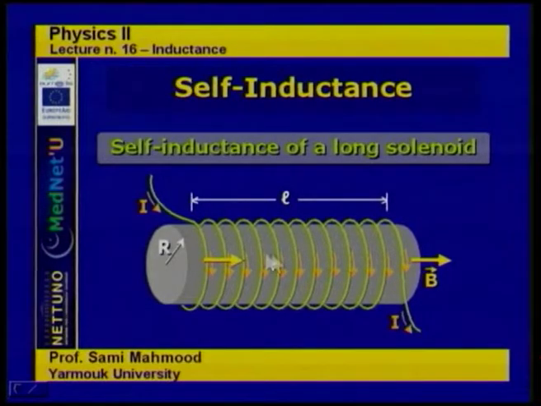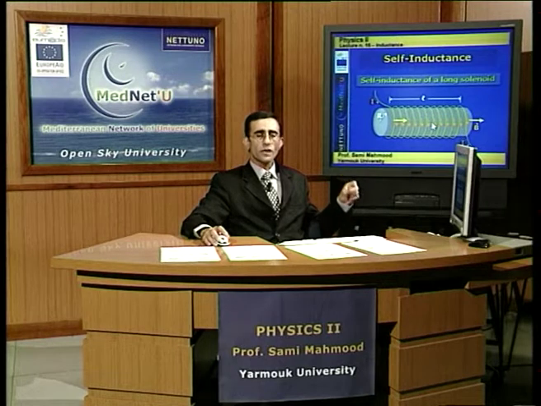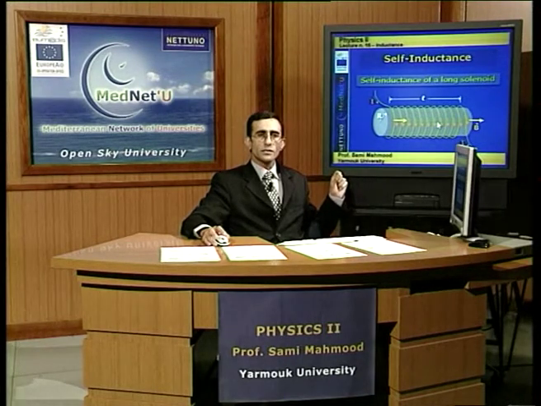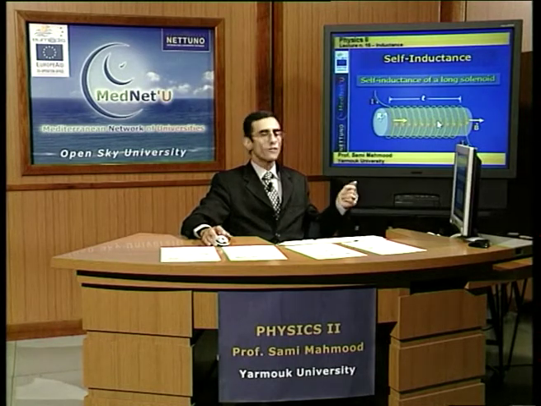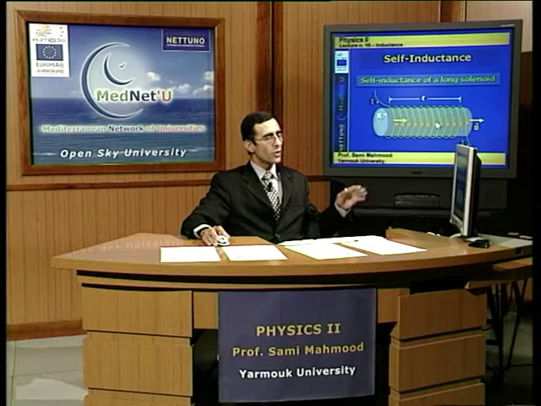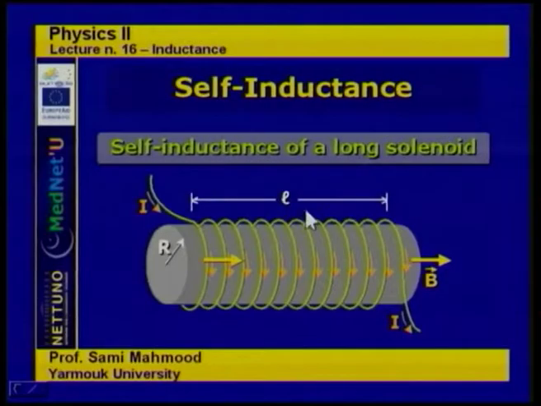This will produce flux passing through each one of these turns of the solenoid. If we can evaluate this flux and divide it by the current flowing in the solenoid, then we can evaluate the self-inductance of this element, the solenoid.